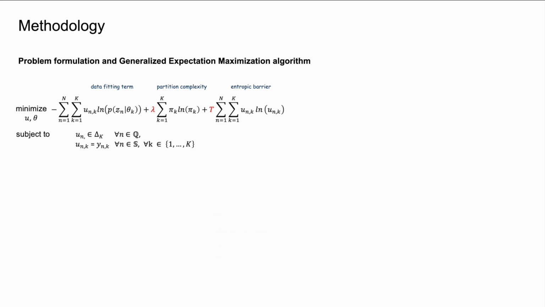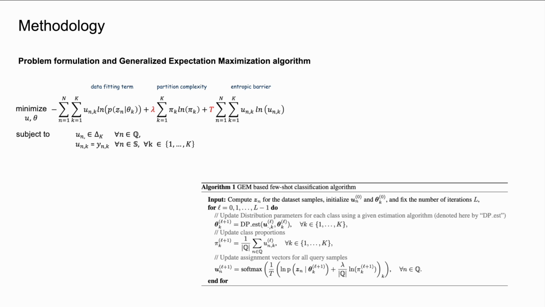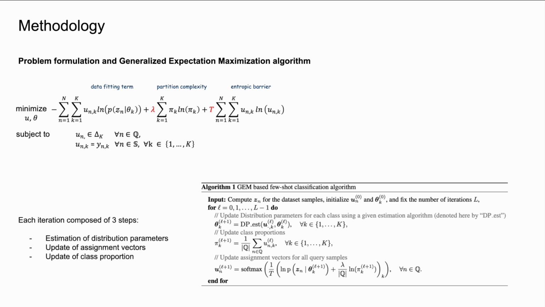This problem can be solved with an iterative block coordinate descent algorithm, which alternates three steps: the distribution parameters updates, the class assignment optimization, and the partition complexity updates for L iterations. Please note that this generalized expectation maximization algorithm contains critical hyperparameters.